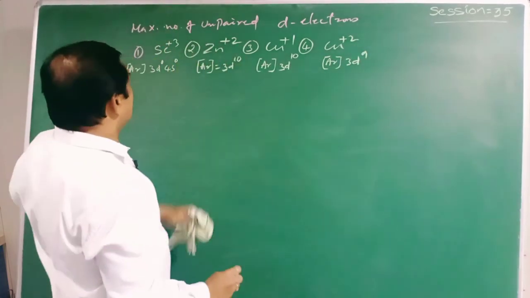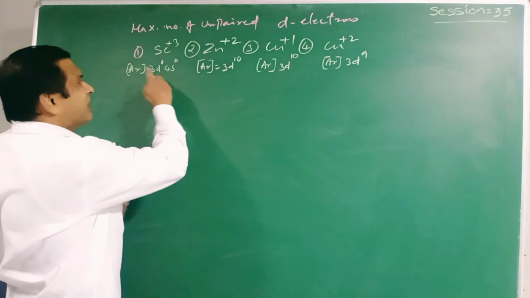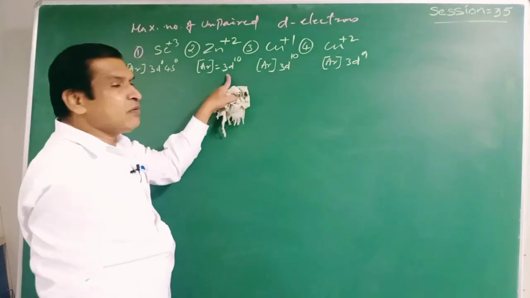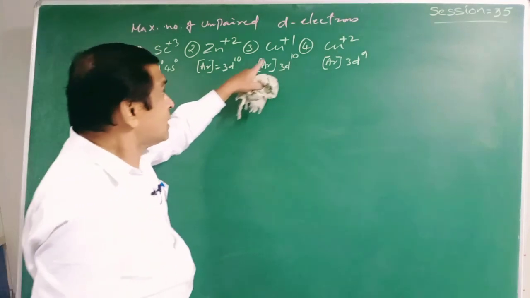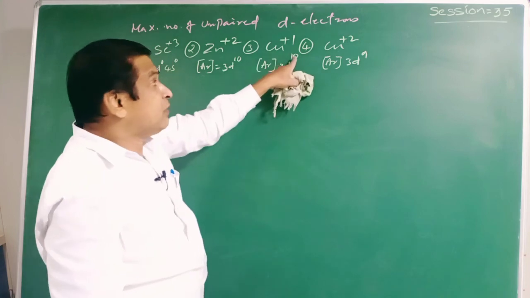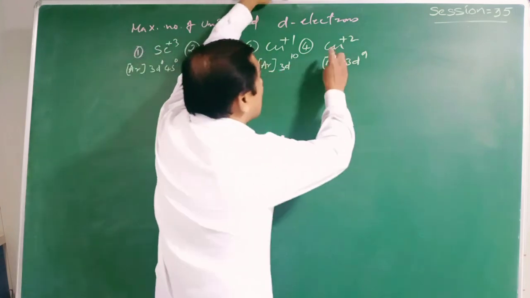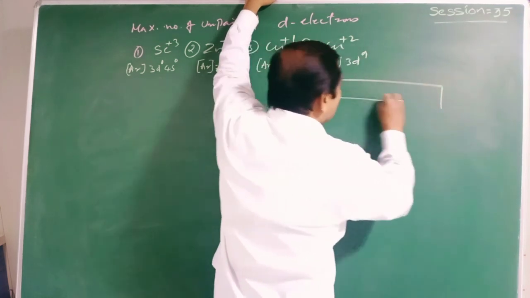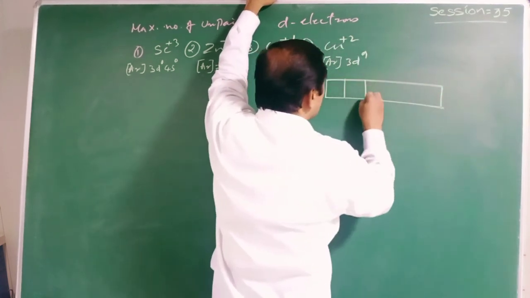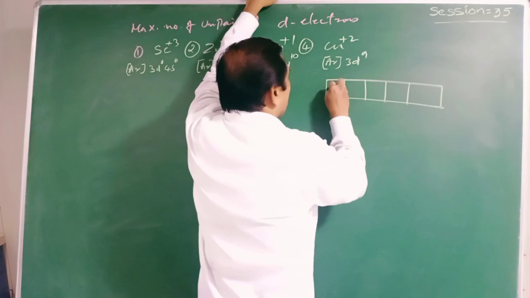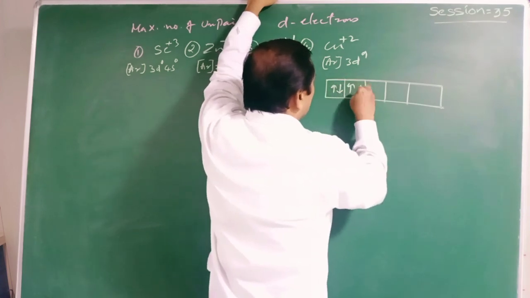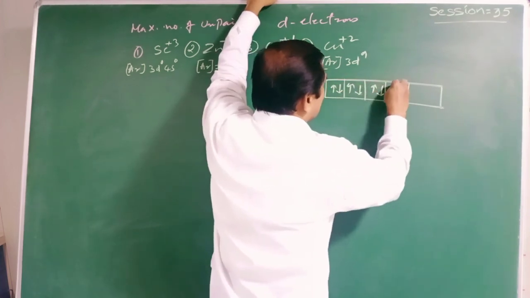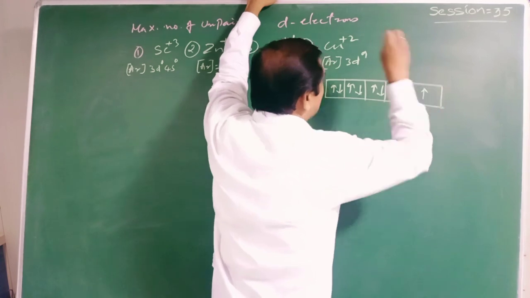Here in the others there is no unpaired electron, all the d orbitals are completely filled with 10 electrons. Copper plus 2 has 3d9. How many electrons are present in this? 1, 2, 3, 4, 5, 6, 7, 8 and 9.